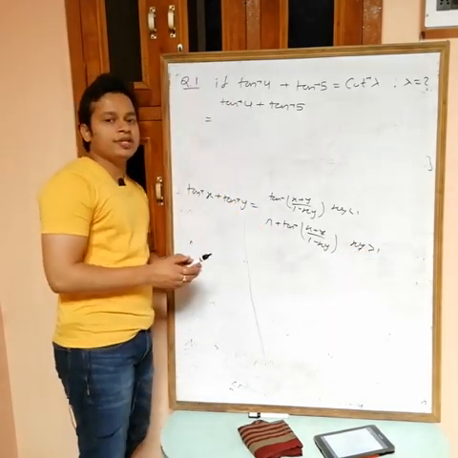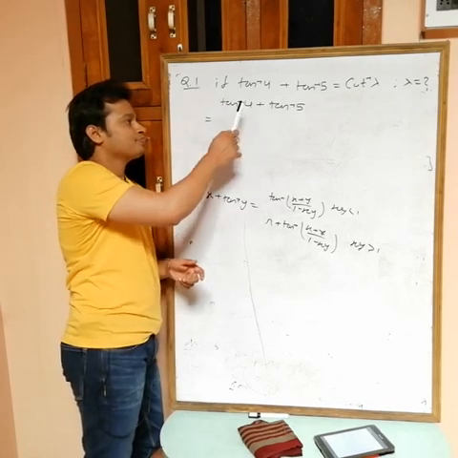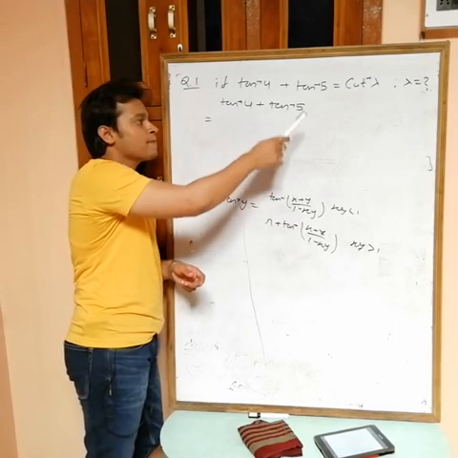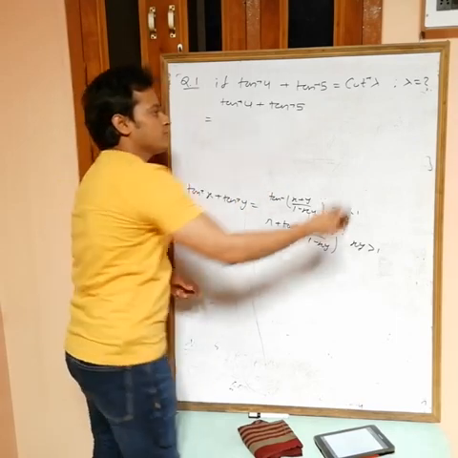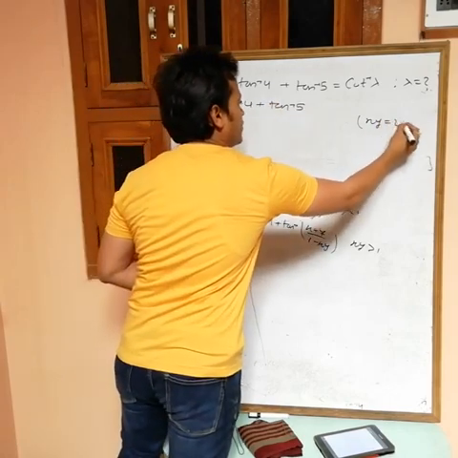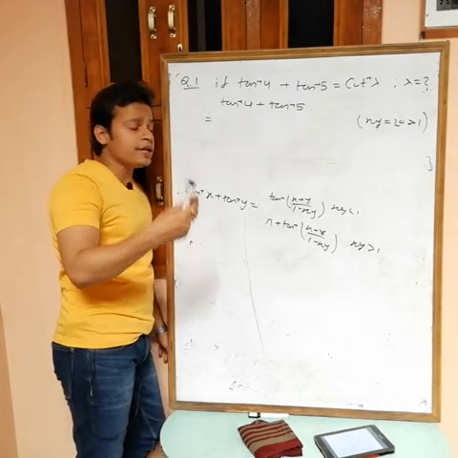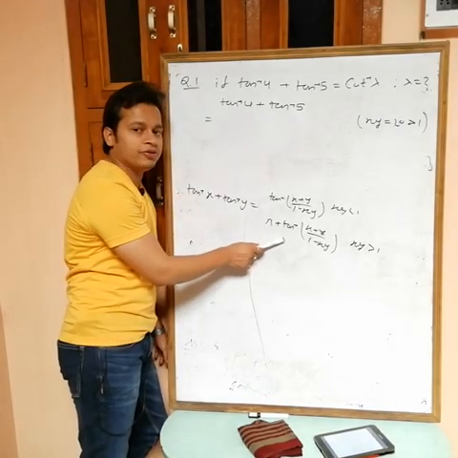So first we have to check whether x into y is less than 1 or greater than 1. Here x is 4 and y is 5, so x into y, 4 into 5, is 20, greater than 1. If x into y is greater than 1, then we have to use this formula.